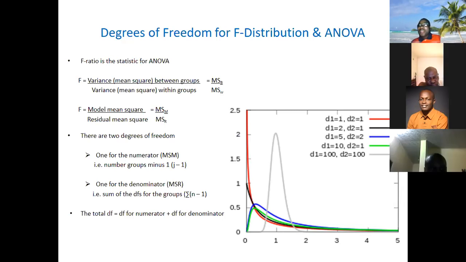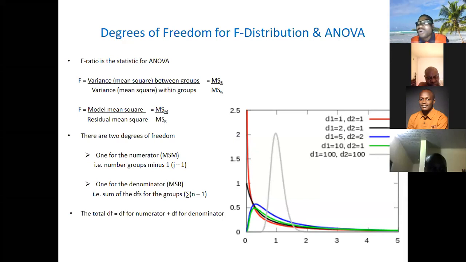You remember, the sample size will affect the number in each group. It will affect the within degree of freedom. It will affect the total degree of freedom. But the number of groups is the one that determines the degree of freedom for the numerator. So the degree of freedom here is a function of sample size and the number of groups, while for the t-test, it depends on the sample size alone.